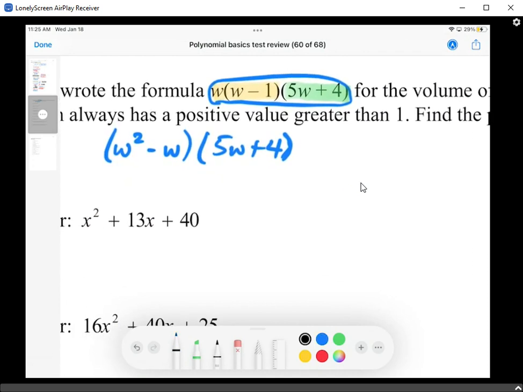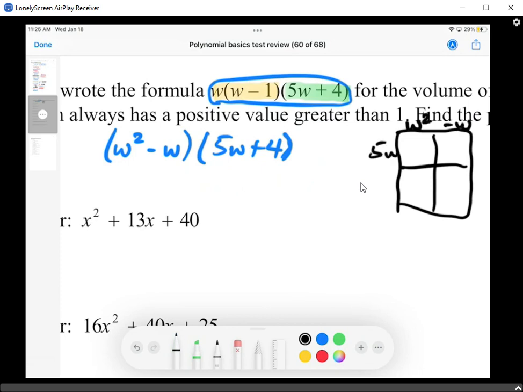I'll go ahead and draw a box. Okay, we've got W squared minus W, we've got 5W and positive 4. So that would be 5W cubed, negative 5W squared, 4W squared, and minus 4W.